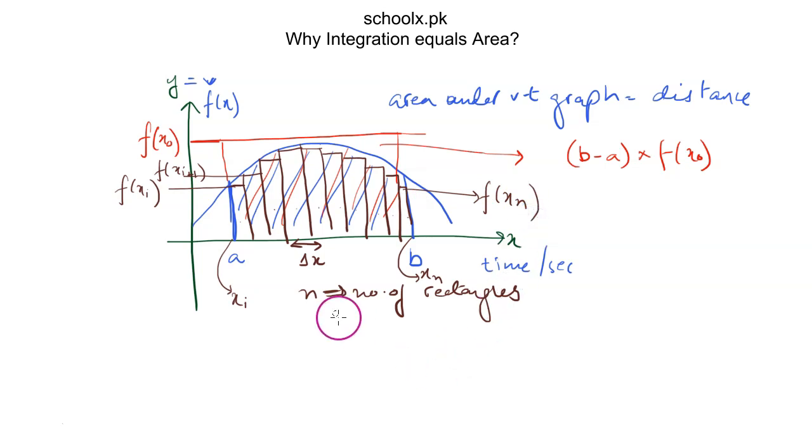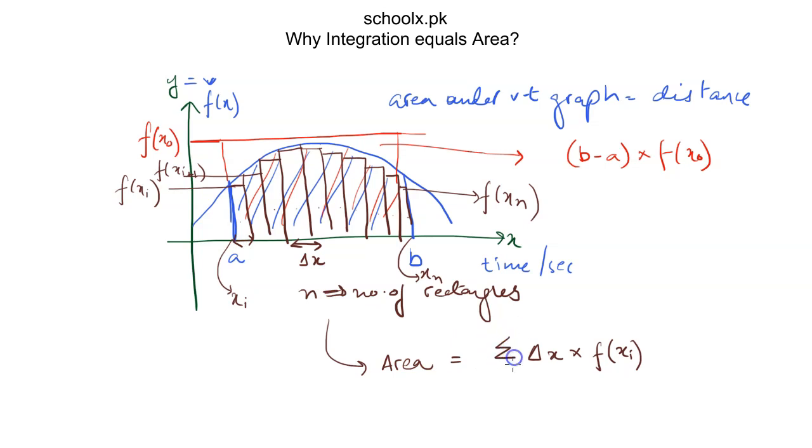So the area enclosed by the region B and A of this blue curve will be delta x times f of xi. By doing this, I'll find the area of this rectangle right here.